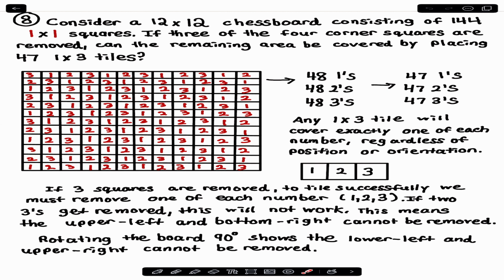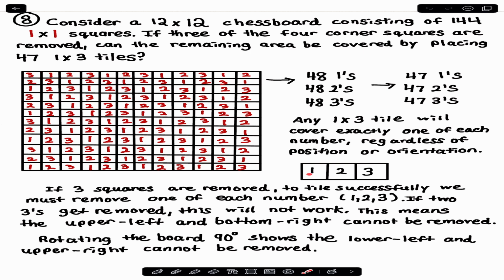So basically each number appears 48 times, and any 1x3 tile will cover exactly one of each number regardless of position or orientation. And you can see this easily. You just play around, place them on the board, whether it's like this, or like this, or like this, or like this, and maybe like this.